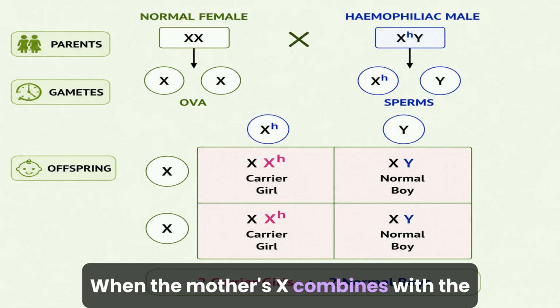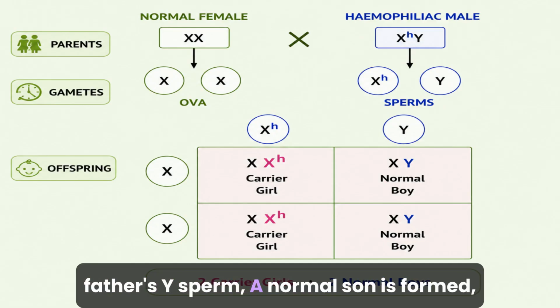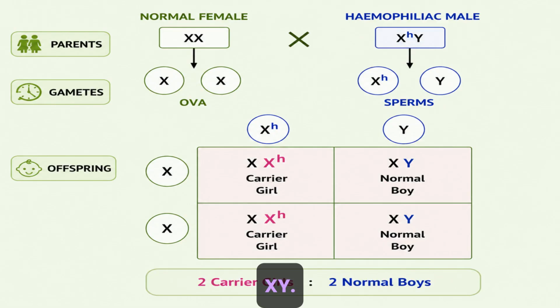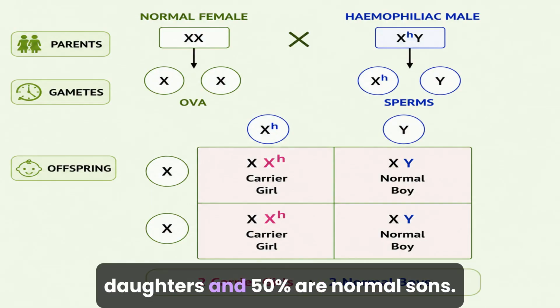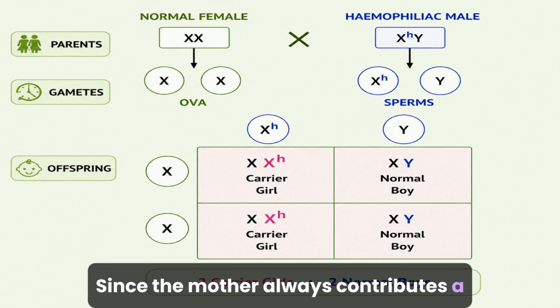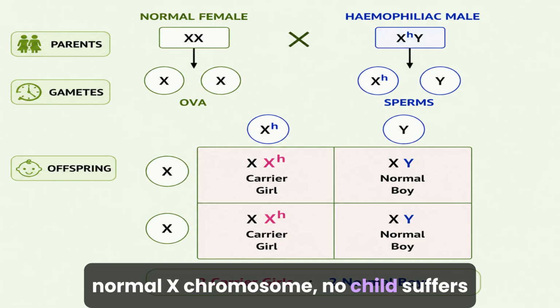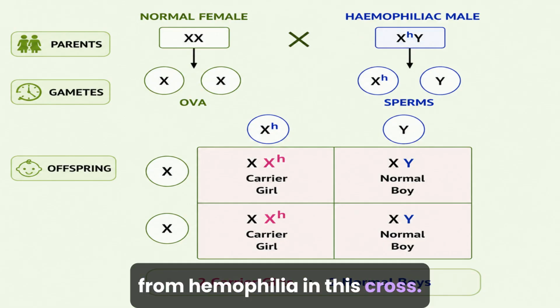When the mother's X combines with the father's Y sperm, a normal son is formed, XY. Therefore, 50% of the offspring are carrier daughters and 50% are normal sons. Since the mother always contributes a normal X chromosome, no child suffers from hemophilia in this cross.